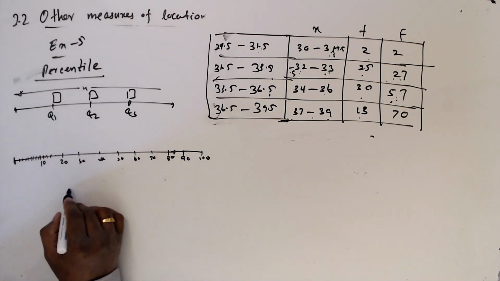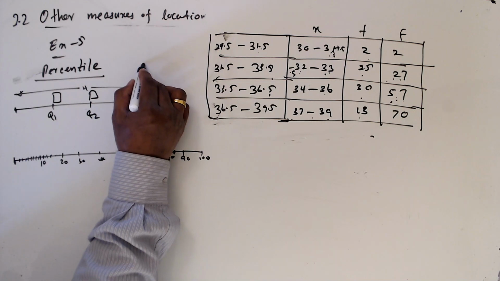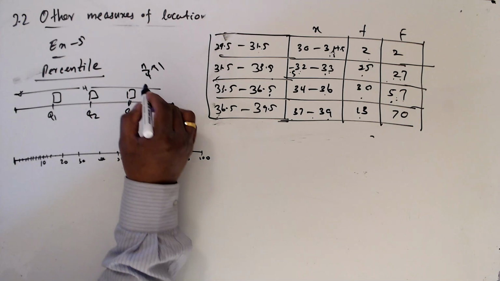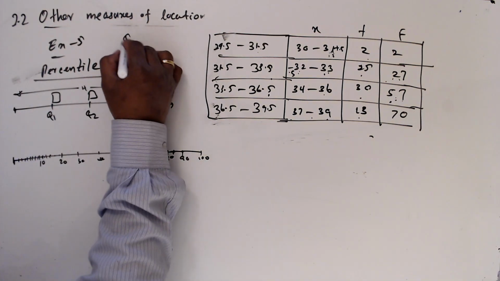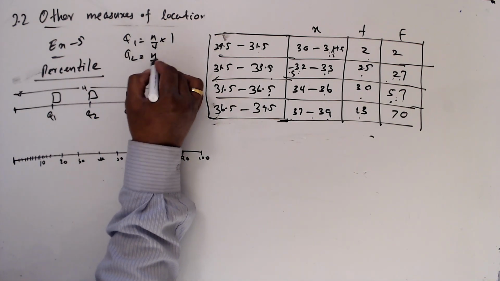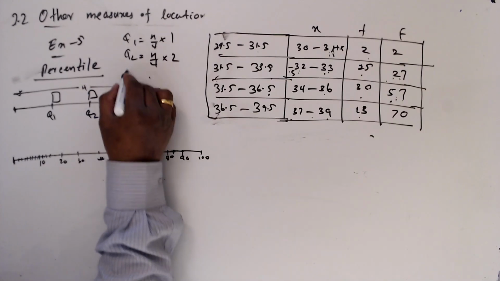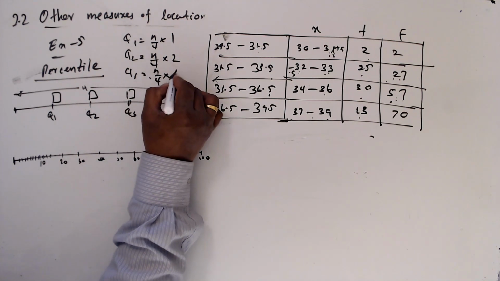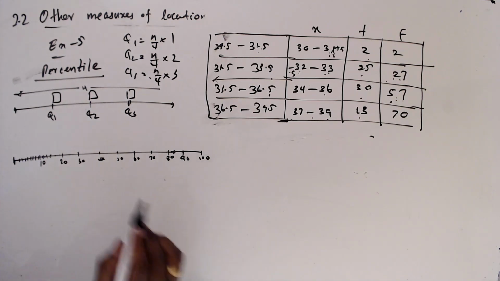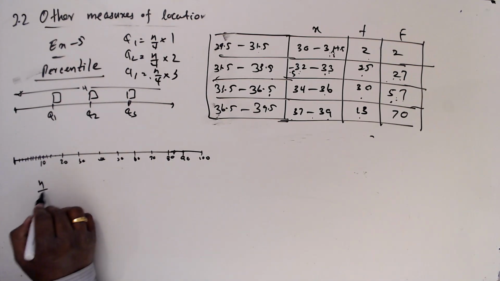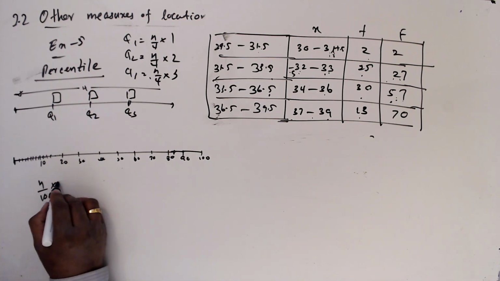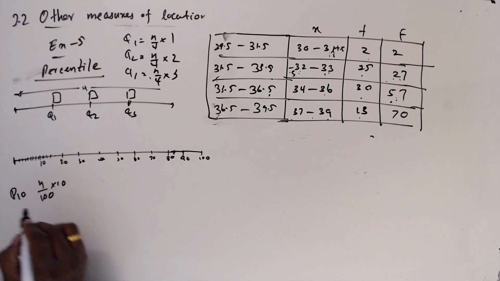Now we divide n by 4, and then we take 1 for the first quartile. The second quartile or median, n divided by 4 and take the second one. Third quartile, n divided by 4 and we take the third one, 3 times. Likewise for percentiles, n divided by 100. If I want the 10th one, multiply by 10. So this is called P10.